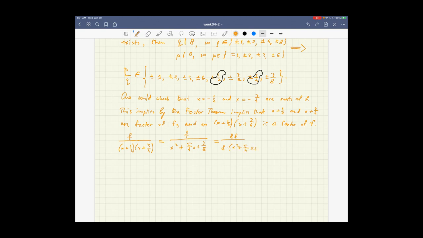By doing that, we get rid of the fractions. So we're dividing 8 times f over the polynomial x squared plus 5x plus 3.